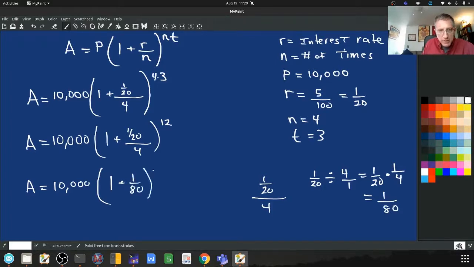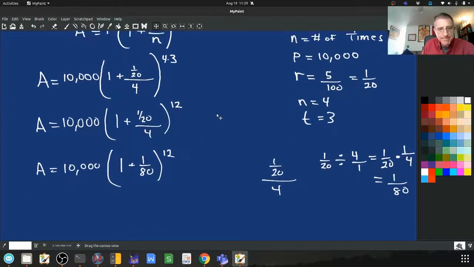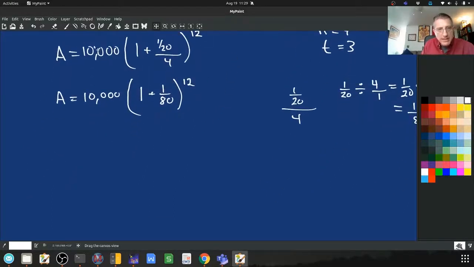Now all of this is going to be raised to the 12th power. Our last simplification requires a calculator, and you can grab your calculator and do it. I'm going to add 1 plus 1/80. Well, I need a common denominator.